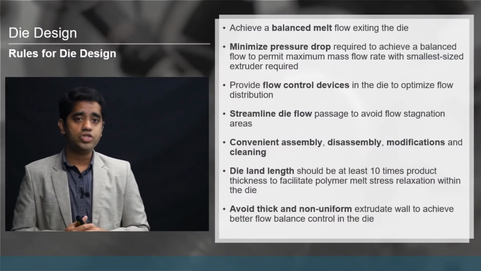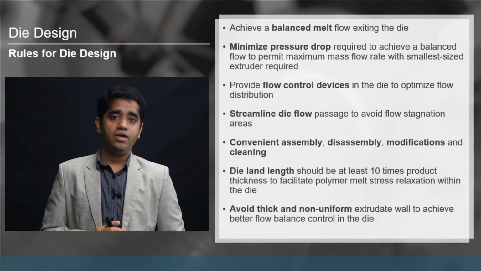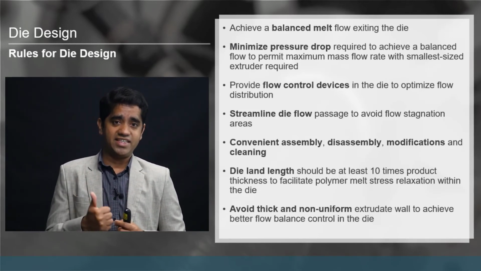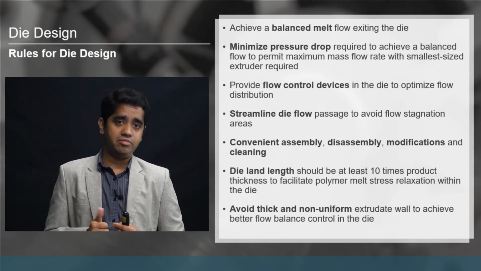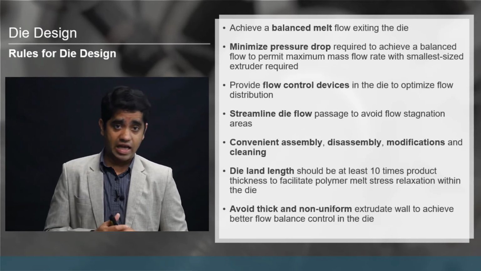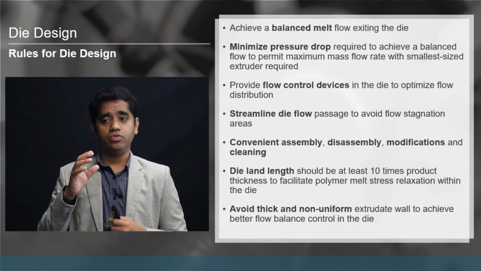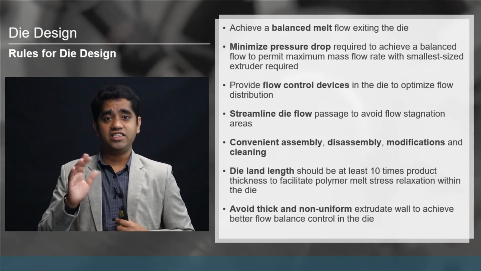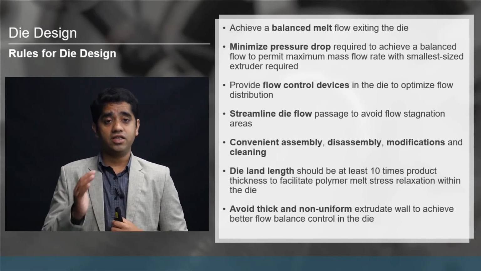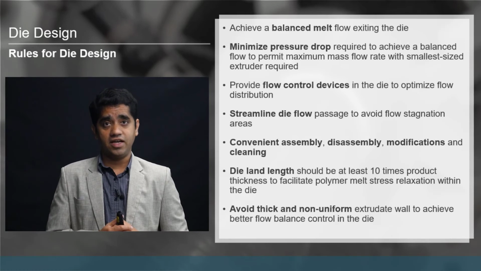So what are the rules that we can develop for die design? Achieve a balanced melt flow exiting the die. That's the first and fundamental rule. Minimize the pressure drop as much as you can, so that you don't have die instability or material instability issues once the product exits the die.